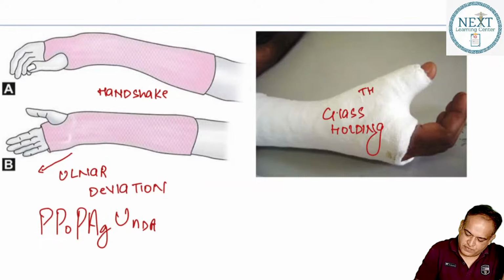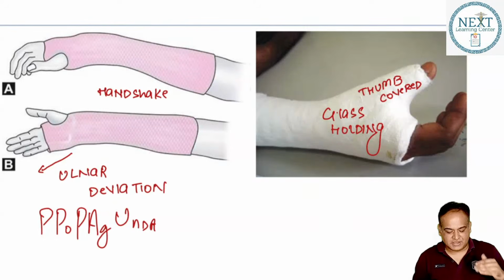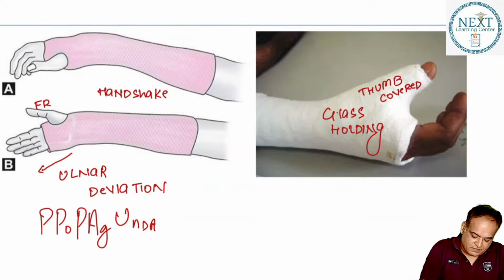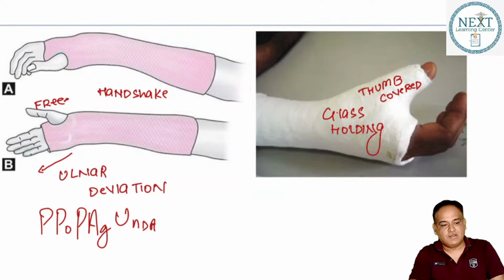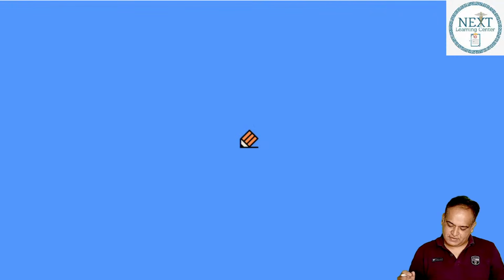Another thing you will remember is that in a glass holding cast, the thumb is always covered, whereas in handshake cast, the thumb is free. That is the difference between the glass holding cast and handshake cast.